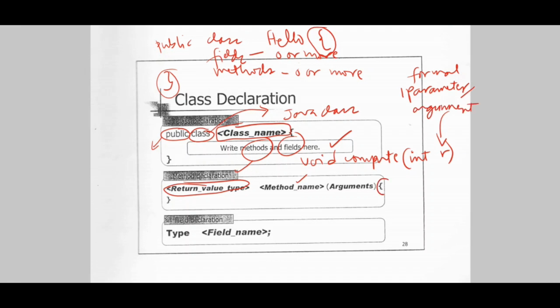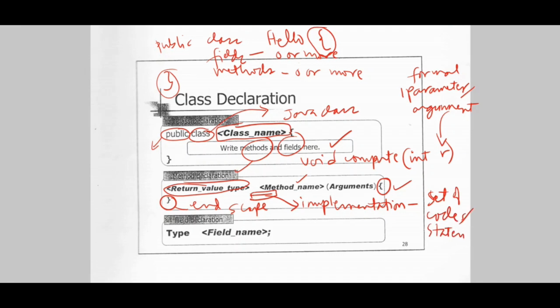After the argument comes the open curly to mark the beginning of the scope of the method, and then the close curly to mark the end of the scope of the method. What you have inside the scope of the method is the implementation of the method, which is the set of code, or executable statements.